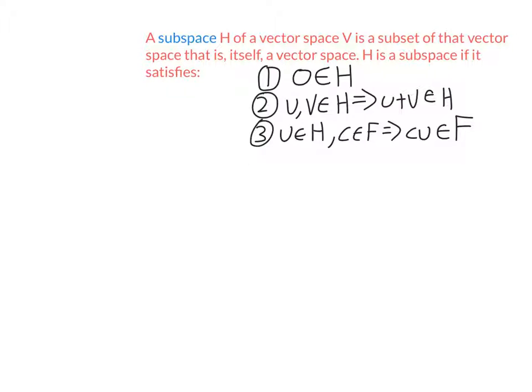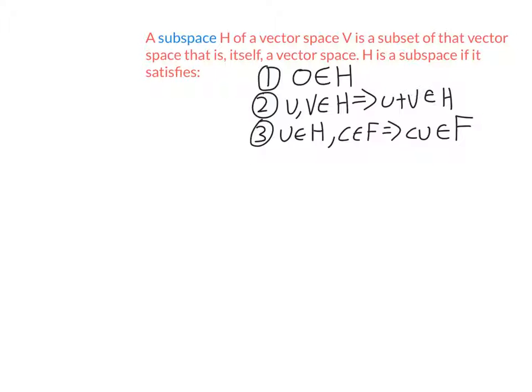of V. It turns out, however, that there are 3 of those 10 axioms that are not automatically induced on a subspace of the vector space. So the first axiom we need to check to see whether or not a subset of a vector space is a subspace is the existence of the zero vector.